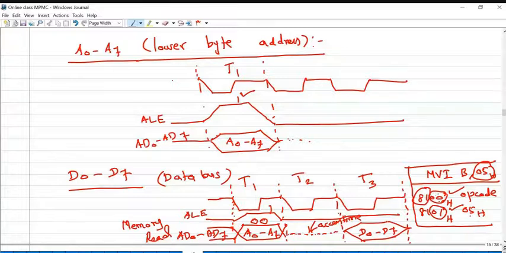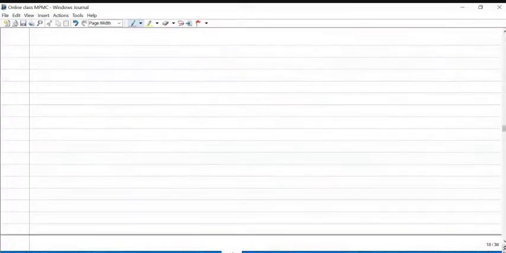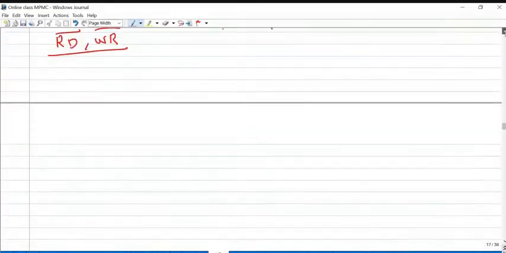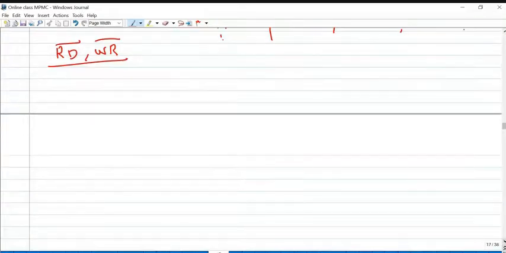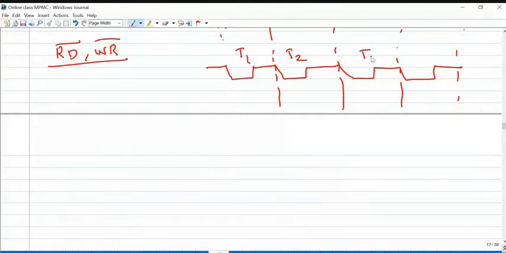So AD0 to AD7, 8 pins, are used to carry the lower order address bus. During the T1 state of the opcode fetch, or whenever the address latch enable is equal to 1, you need not activate this control signal. For example, T1, T2, T3, T4. What I told you, during T1 state, the ALE must be logic high.